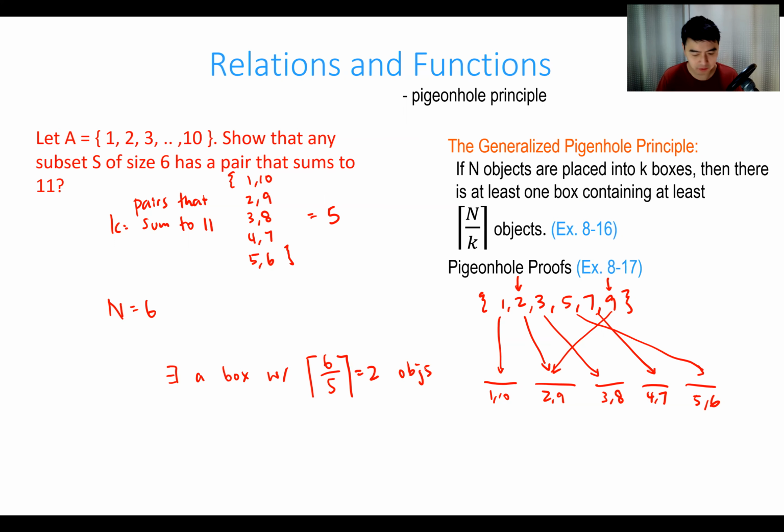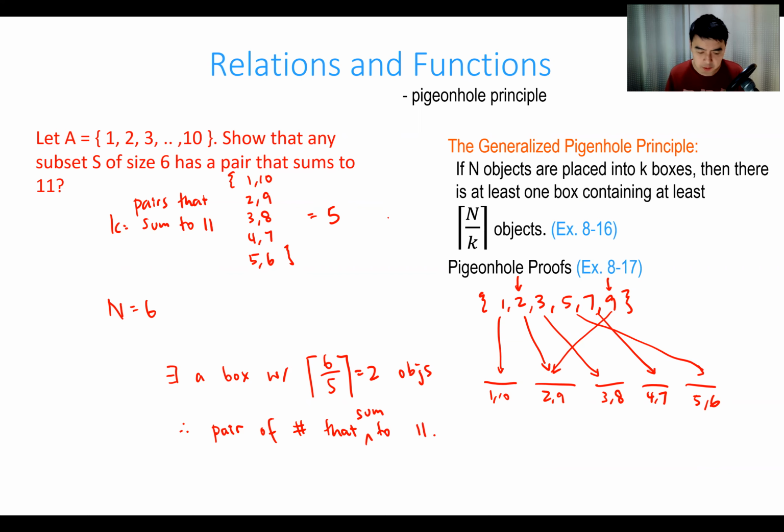Now, how is this a proof for the statement that we're trying to prove here? Well, the idea is that as soon as we have two objects in a box, the implicit definition is that they sum to 11, right? So that is a proof that in a subset of size 6, there must be a pair of numbers that are in the same box, and therefore there's a pair of numbers that sum to 11, because that is our definition of the boxes.